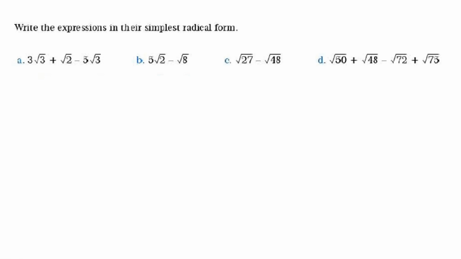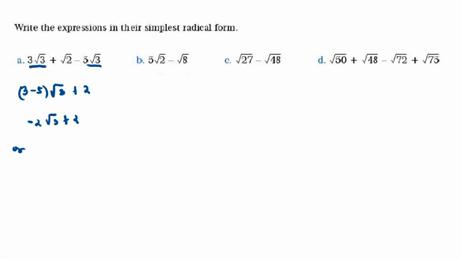We are just going to combine. What we can combine, class, are these because they have the same radicand. So I can write 3 minus 5, the quantity of that, times the square root of 3, plus 2. 3 minus 5 is negative 2 square root of 3, plus 2.